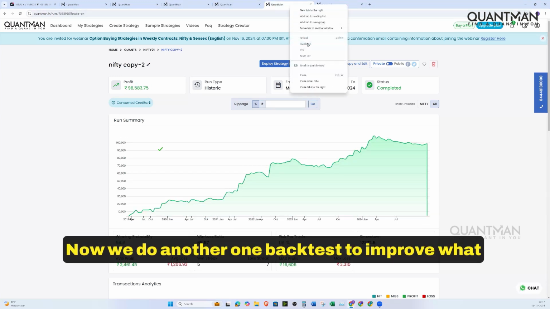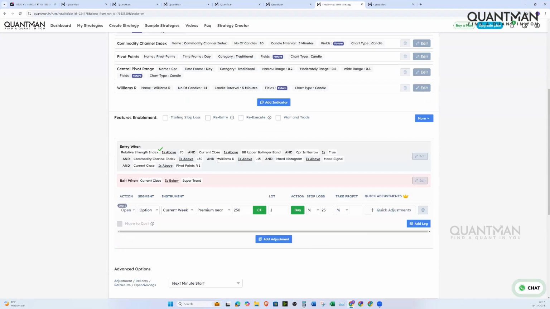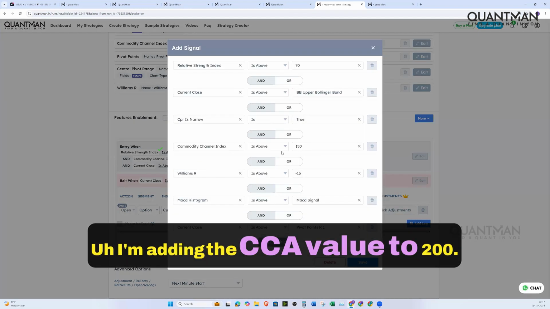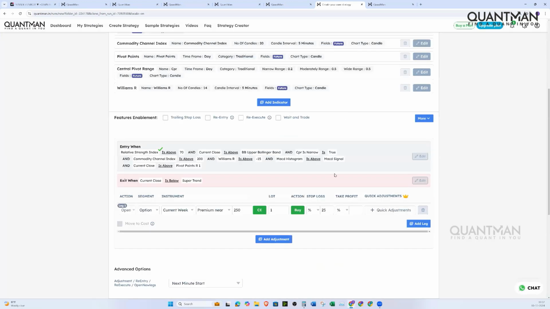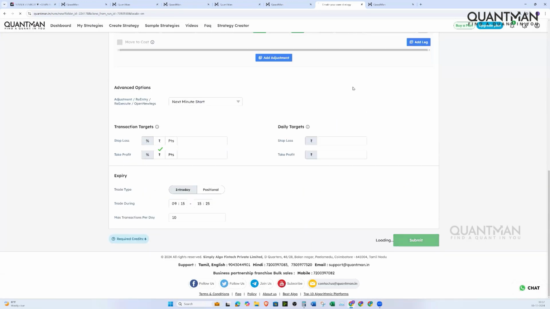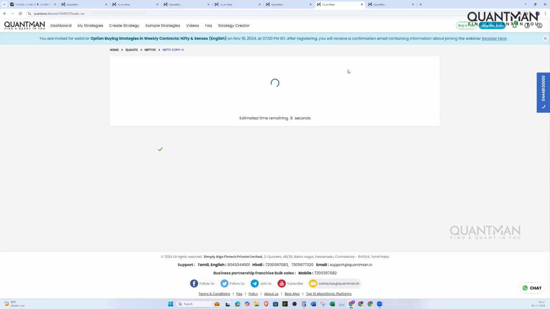Now we do another backtest to improve; what can we change here? I'm changing the CCI value to 200. We will see. You can use TSL in this strategy also.